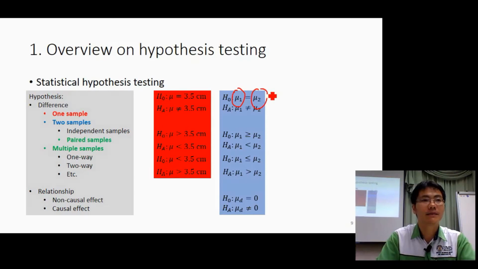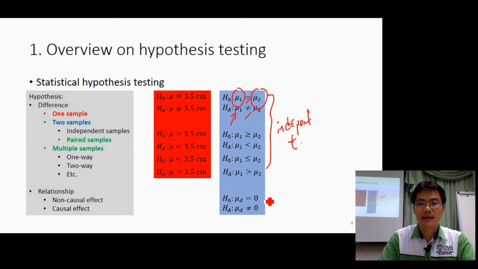For two samples, you also have a similar kind of hypothesis. The only difference is now you have two samples, and each of these samples represents a population. So you want to compare if the populations are different, or if one population mean is larger than the other one. So the alternative is the opposite: larger or equal to the other one, or smaller or equal to.